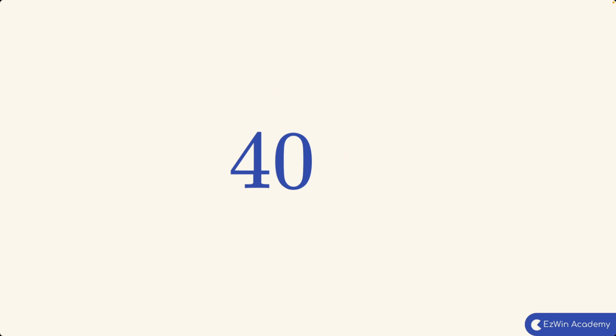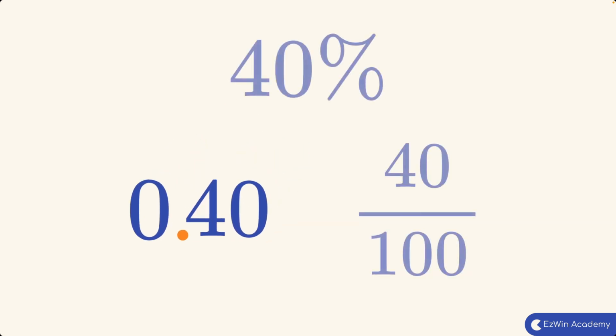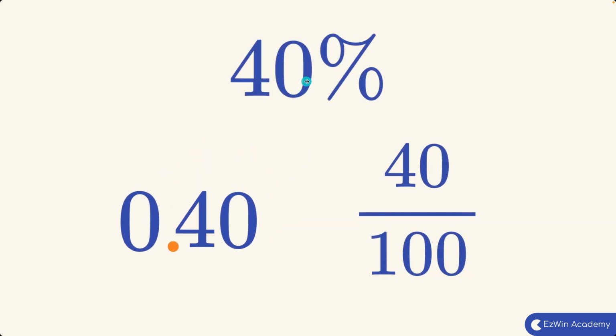First, you remove the percent sign, then you put a dot after your number. Then you move the dot 2 places to the front. And this is where you get 0.4 as 40%. You can see that 40% can be represented as 0.4 or 40 out of 100 and vice versa. You can say 40 out of 100 is 40%, or you can say 40 out of 100 is 0.4.